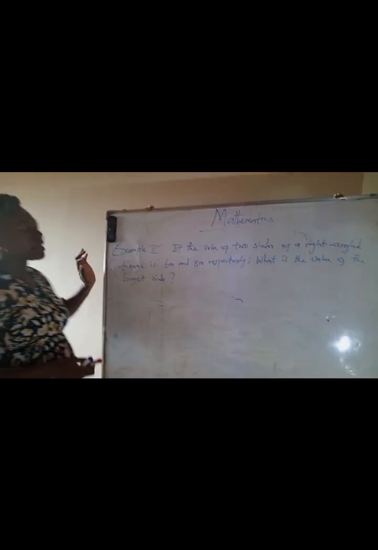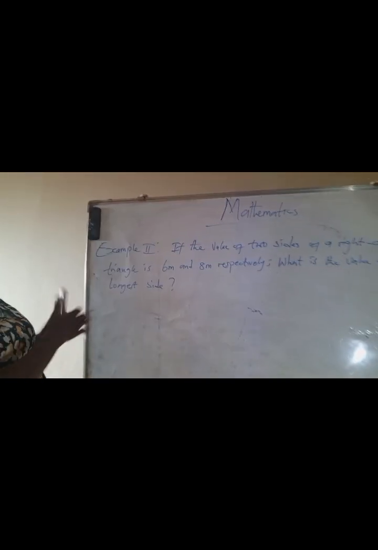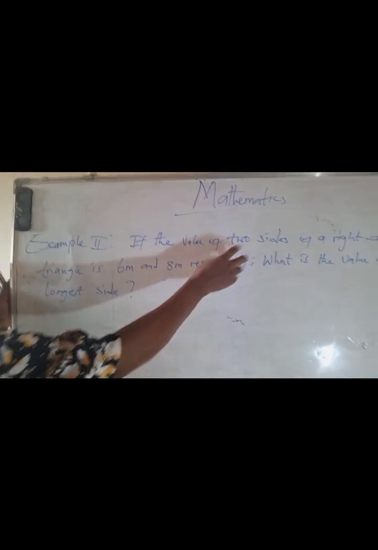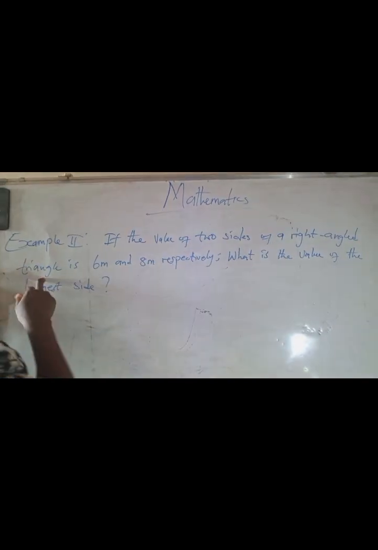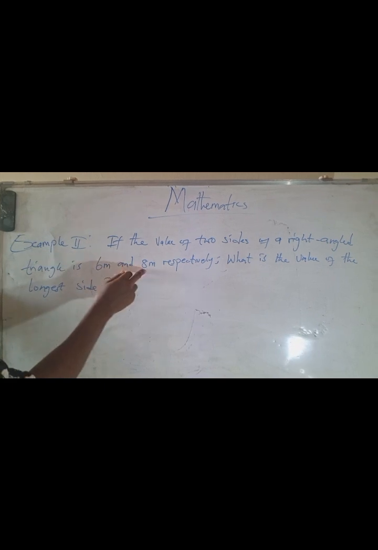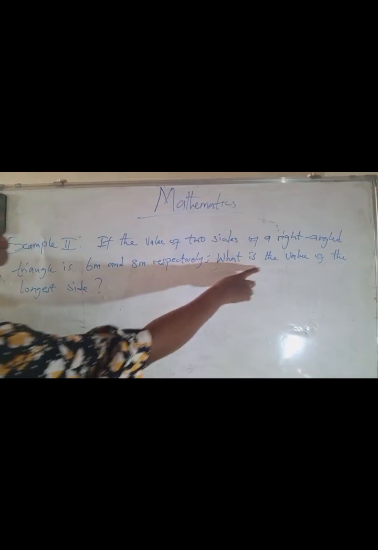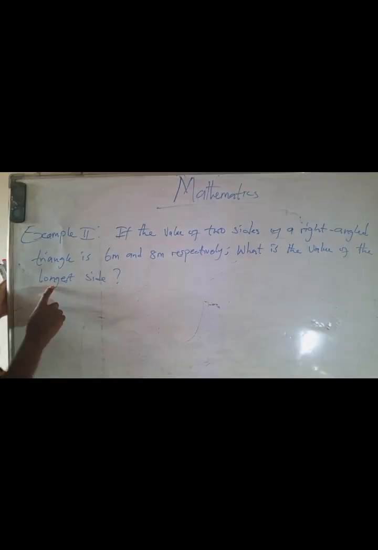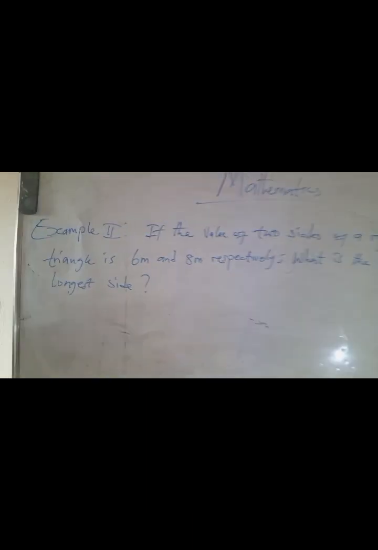Now, let's take another example. The example says, if the value of two sides of a right angle triangle is 6 meter and 8 meter respectively, what is the value of the longest side? Now, solution.